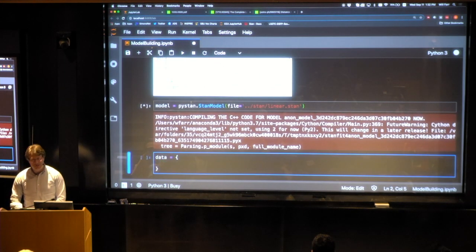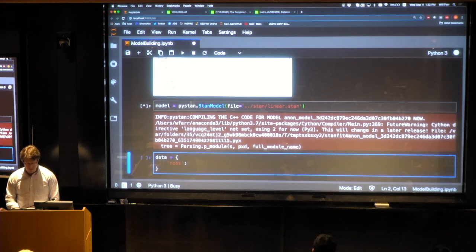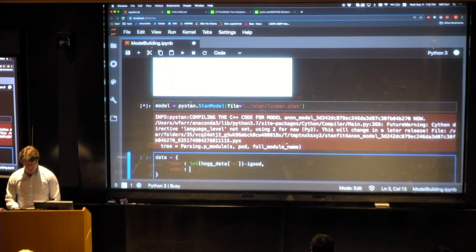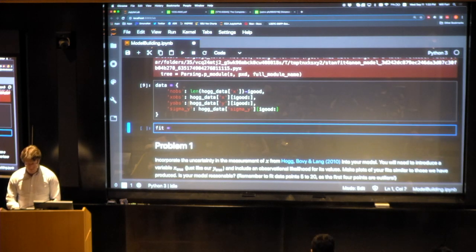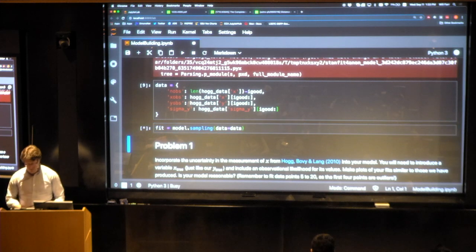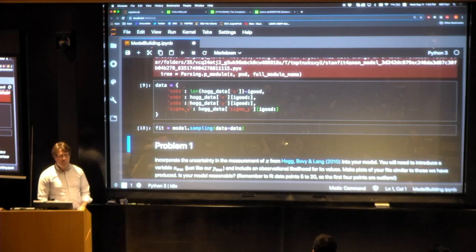While it's compiling, I'm going to assemble some data to feed it. And we'll fit it. Okay?